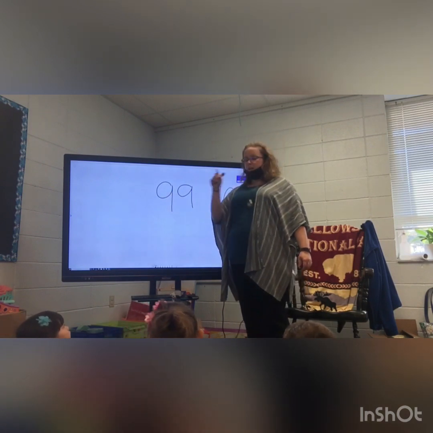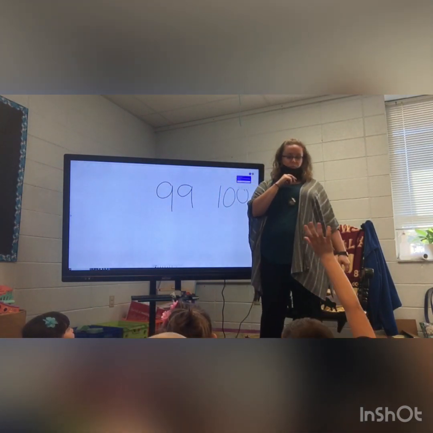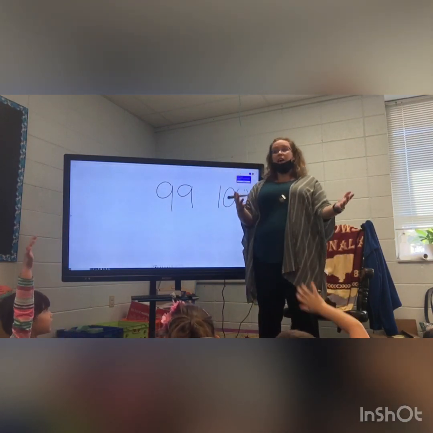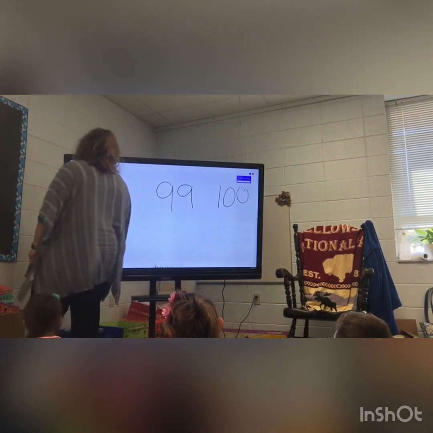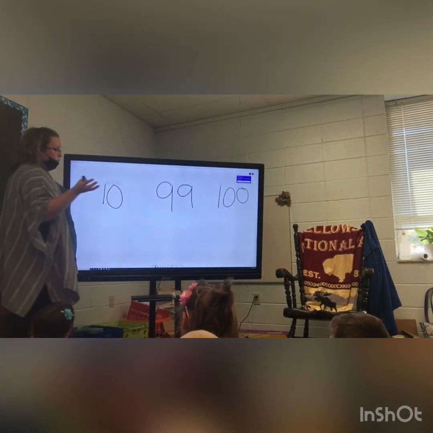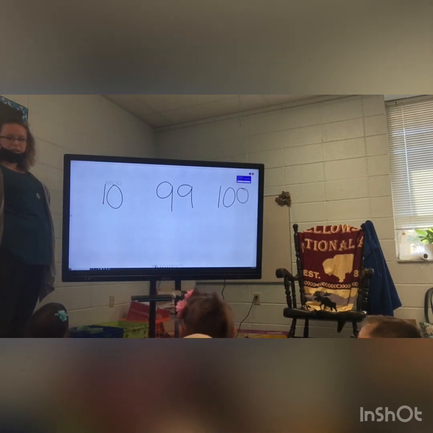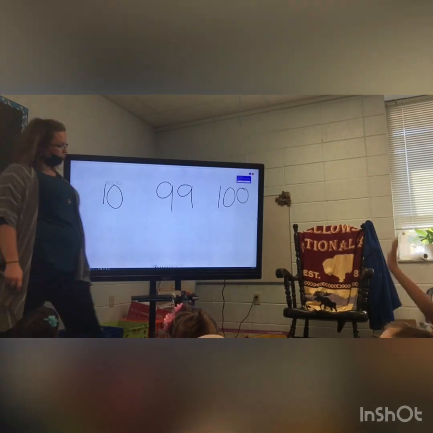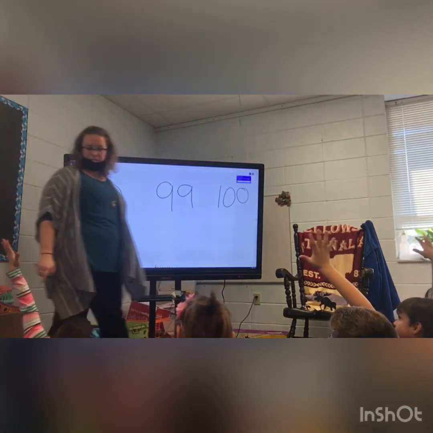Because what's the number that comes after 9 when we're counting normal? 1, 2, 3, 4, 5, 6, 7, 8, 9, 10. So with the number 100, we have 10 groups of 10. And how many ones? Hannah? 10. How many ones?